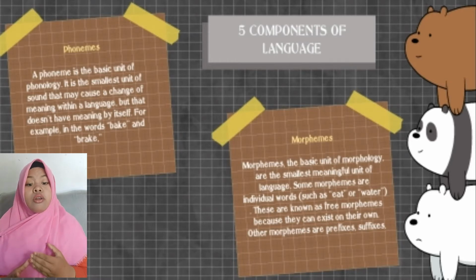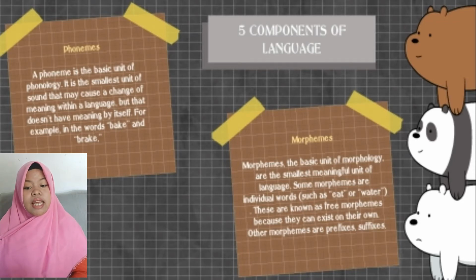These are known as free morphemes because they can exist on their own. Other morphemes are prefixes and suffixes or other linguistic pieces that aren't full words on their own but do affect meaning. Because these morphemes must be attached to another word to have meaning, they are called bound morphemes.